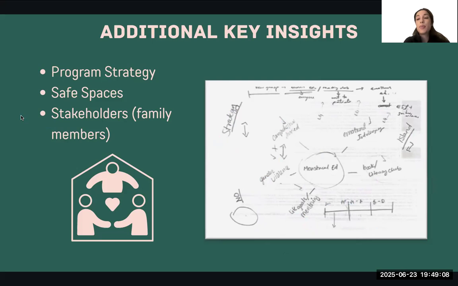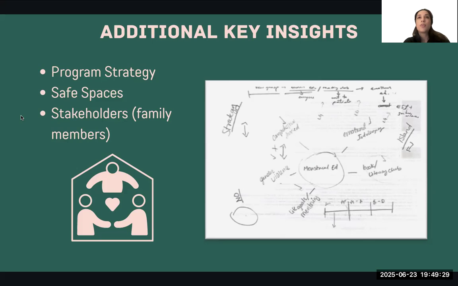Then we talked about safe spaces. Safe spaces are just part of the organization of the workshop. You have a number of girls that feel safe enough to attend the workshop, learn about these concepts, and talk about them.